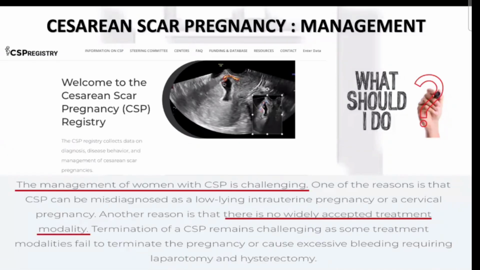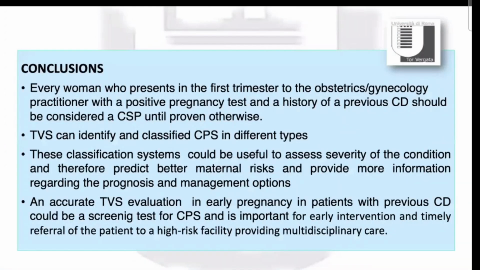So the management is actually challenging and is not widely accepted by everyone, but we know that the first thing is every time an accurate diagnosis to evaluate the risk of the patient.